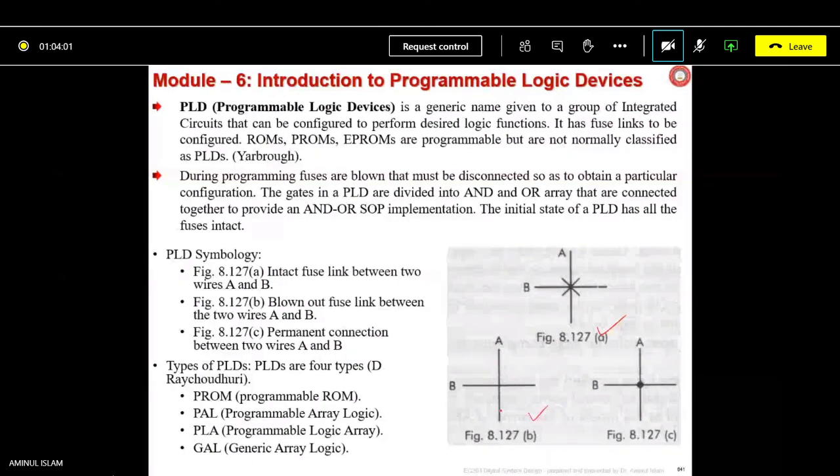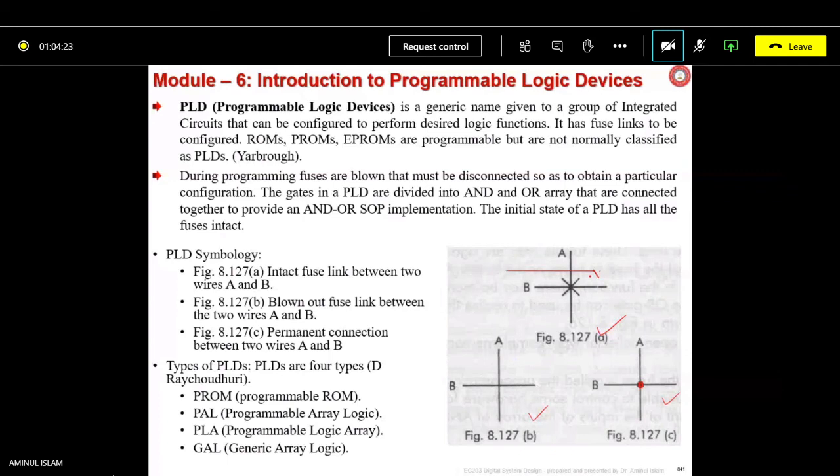It has been blown, meaning there is no connection between line A and line B. Is it understood? And C is telling that there is a permanent connection here between line A and line B. Yes, these symbologies are to be remembered.